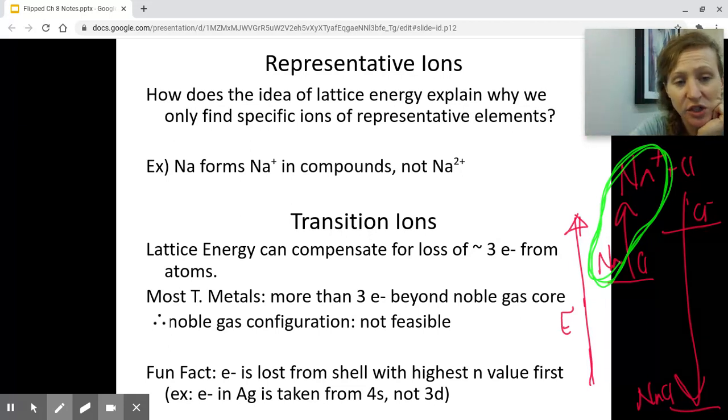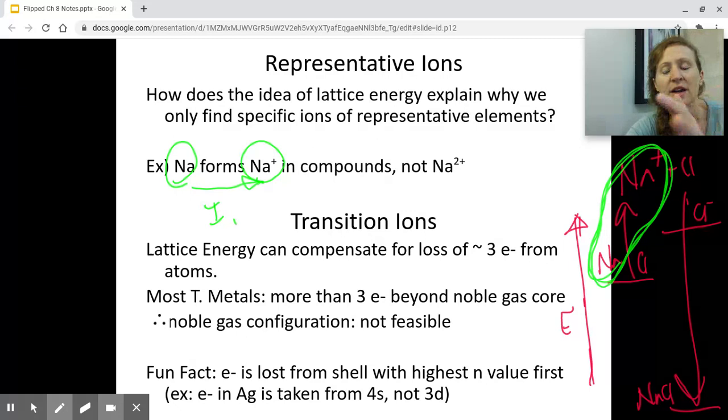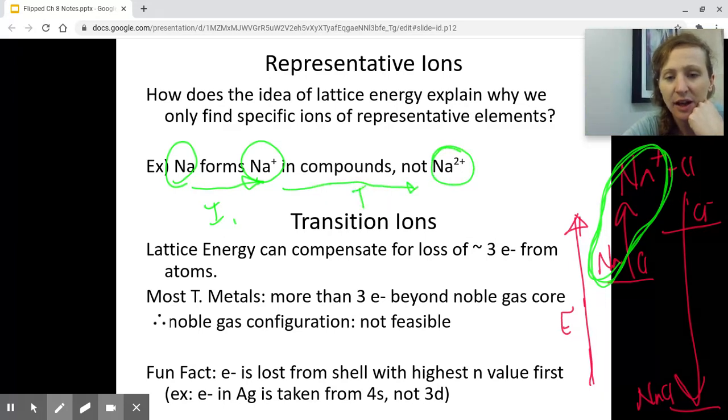From sodium to sodium plus, that would be ionization energy 1, the energy required to remove 1 electron. Removing 2 electrons would be the second ionization energy, and that's going to be a lot more energy.